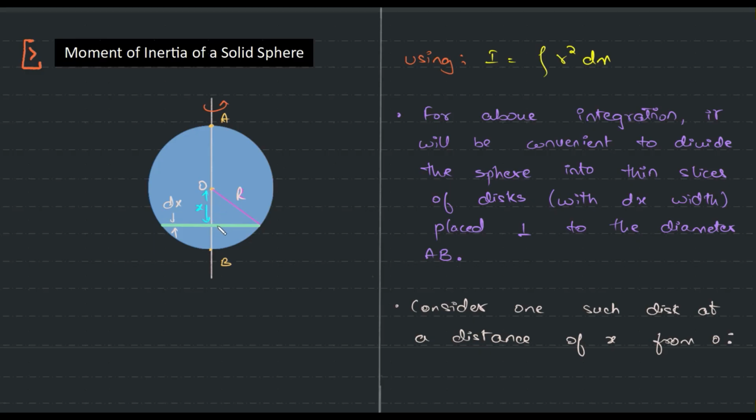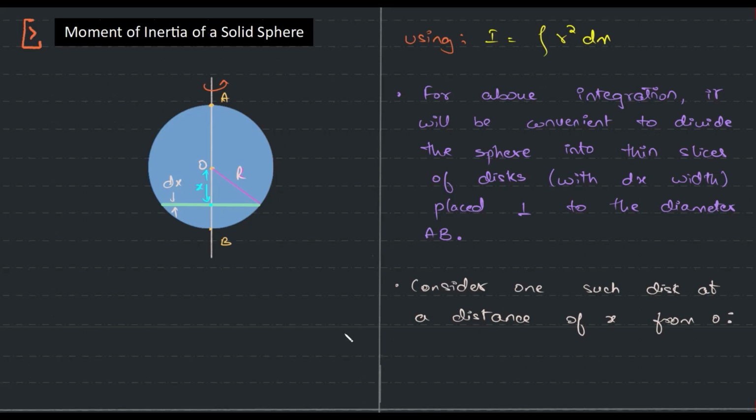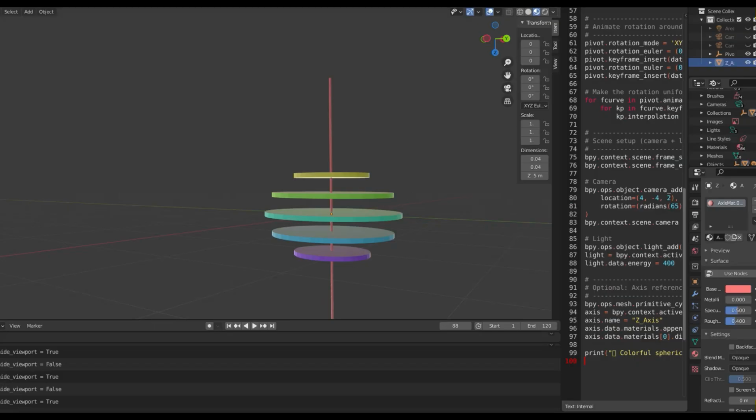This length, from here till here, is x. Right, guys? So basically, we are looking at a bunch of disks rotating.